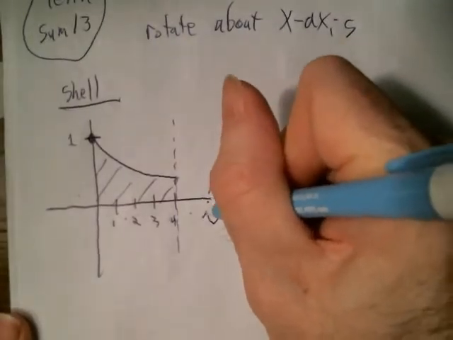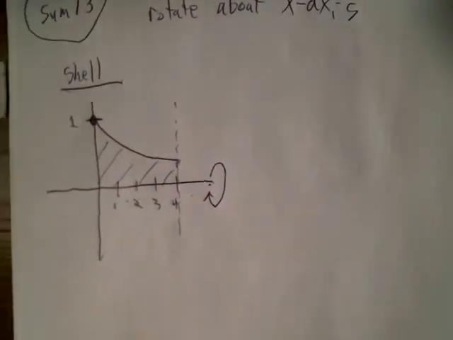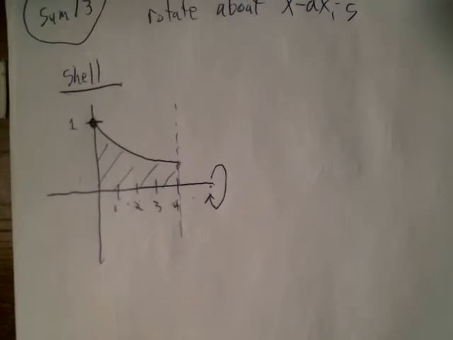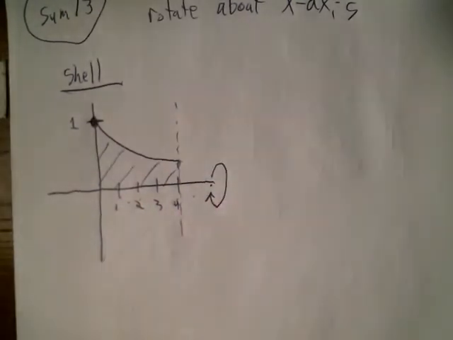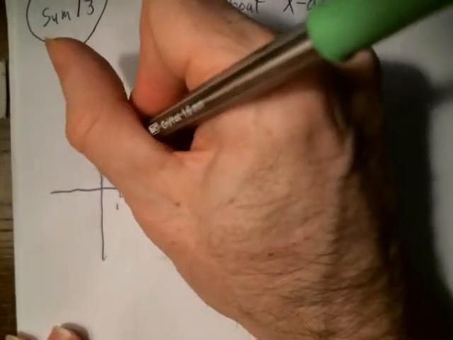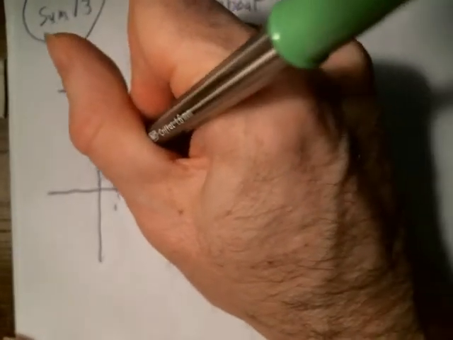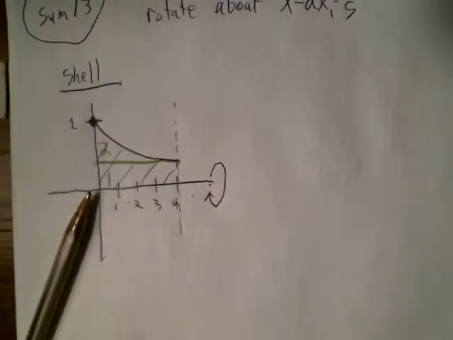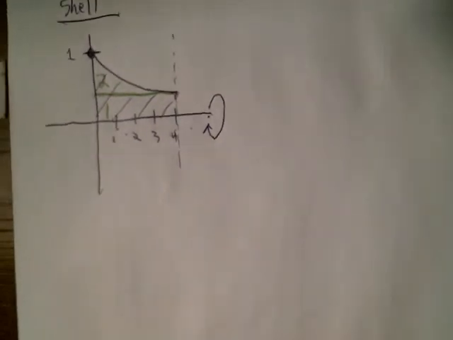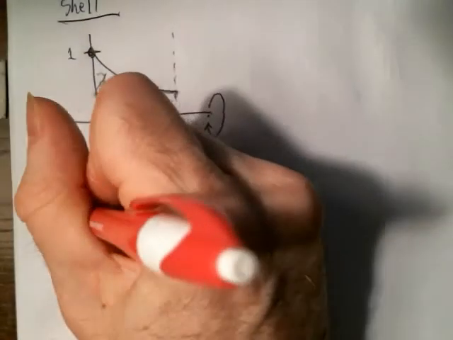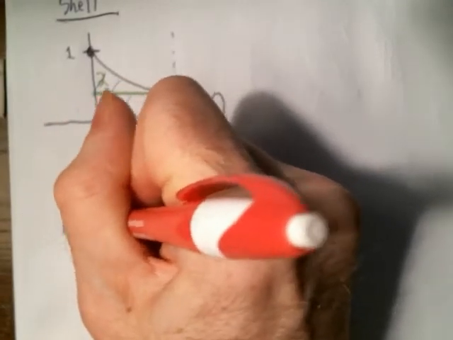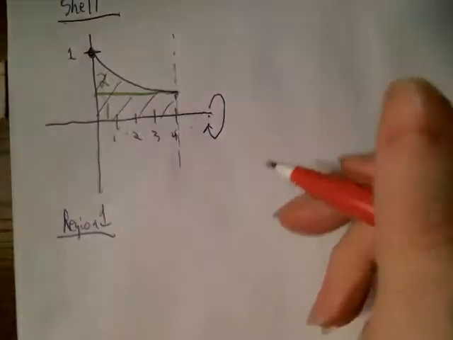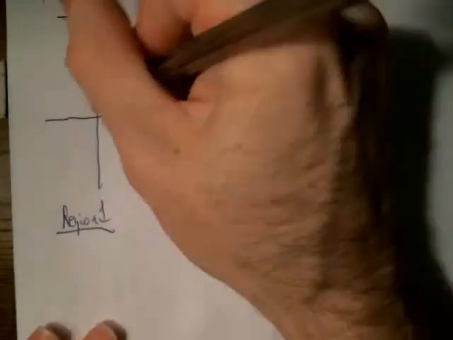I'm rotating about the x-axis. Okay. So shells are always parallel, and already there's an issue, right? So when you do the shell method, there's going to be 2 different regions, region 1 and region 2. Okay, so already it's kind of annoying. So for region 1, I'll need some formulas.